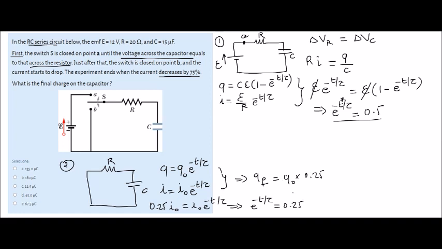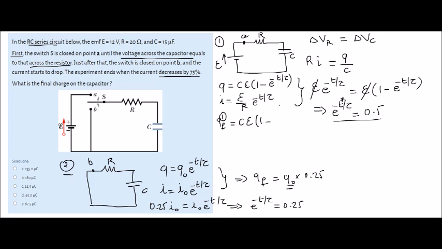Good. The thing here, what is the initial charge? When the switch is moved from A to B, what is the initial charge? Well, the initial charge of step 2 is equal to the final charge of step 1. So what is the final charge of step 1?